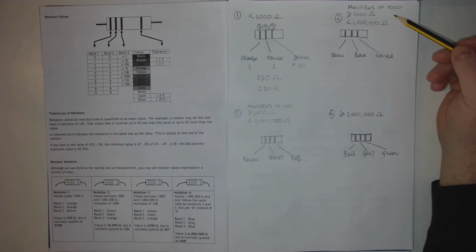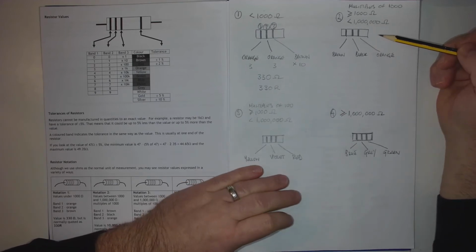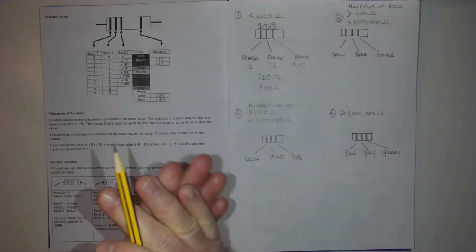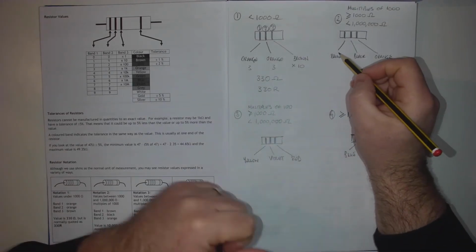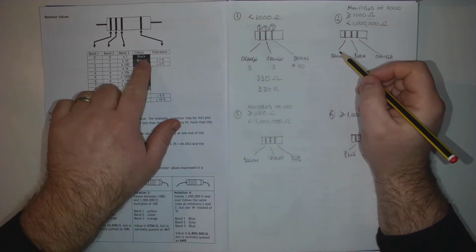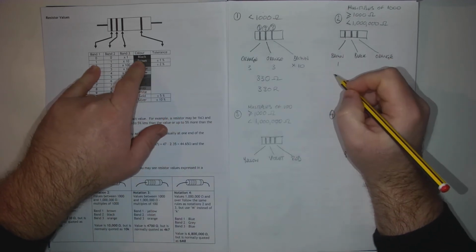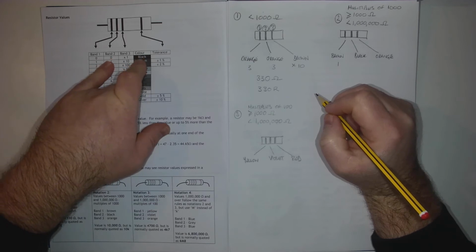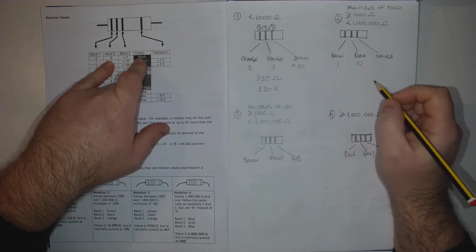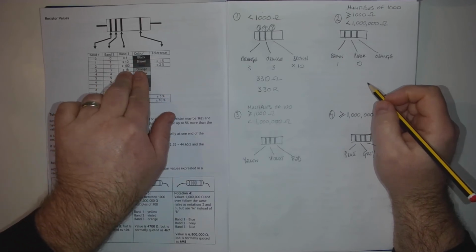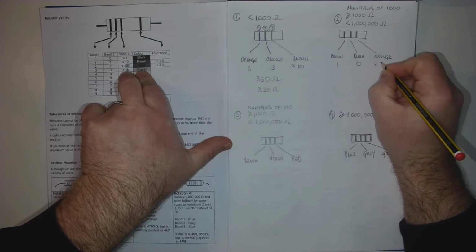Moving on to the next resistor value here, this is for values of multiples of 1000, which is greater than 1000 or less than 1,000,000. Our values here, first band is brown, so again we can use our chart. Here's brown as the colour, and band 1 is the number 1. Band 2 is black, which we can see from the chart is 0. And band 3 is orange, which has got a multiplier of times 1k, 1k equaling 1000.